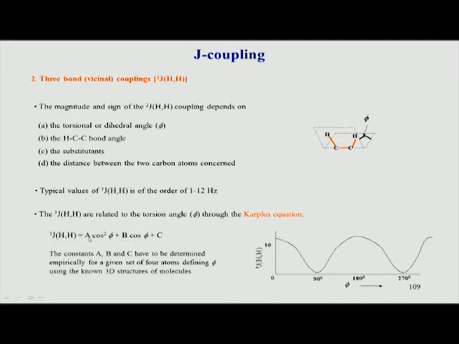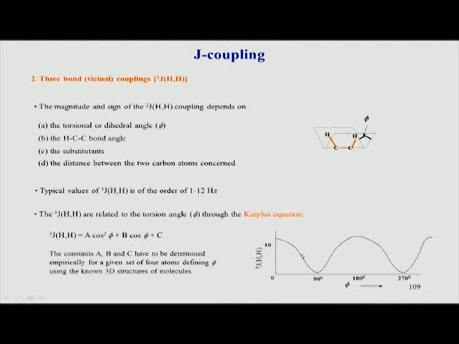In a particular molecule you will have a variety of different types of 3 bond J couplings, vicinal couplings, and for each typical type of those couplings we will have to determine empirically, experimentally, the values of A, B and C by fitting the different values measured experimentally, if we know the structure. This is what it shows here.